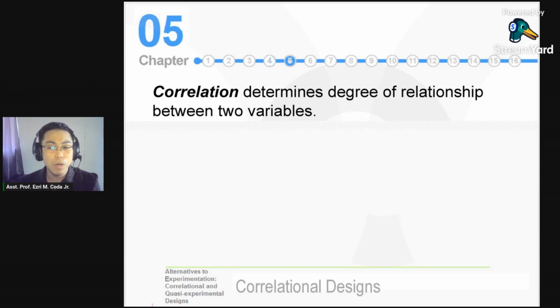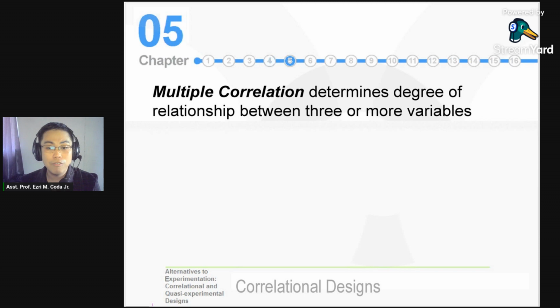In short, we are just observing. That's why degree or extent of relationship is what we can establish: whether the correlation is positive or negative, and whether the relationship between the two variables, the IV and the DV, is strong or weak.